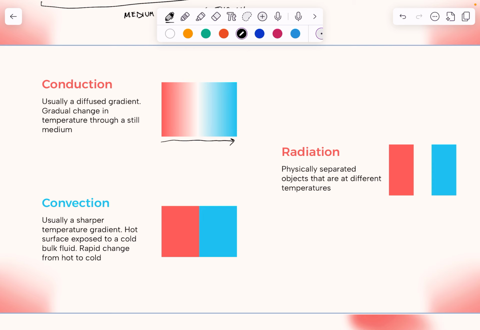If you have a hot surface here and a cold fluid here, if you follow the temperature going this way, you're going to find that the gradient changes very rapidly. Going from the surface into the cold fluid, a very sharp change in temperature.